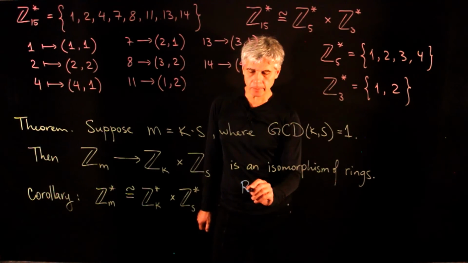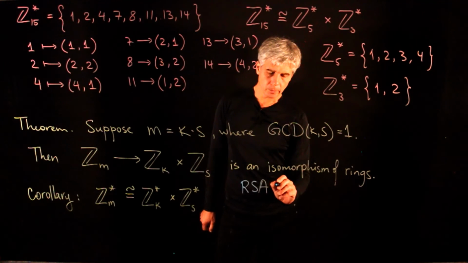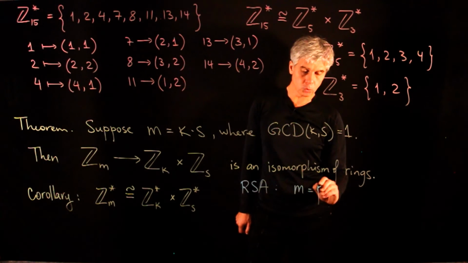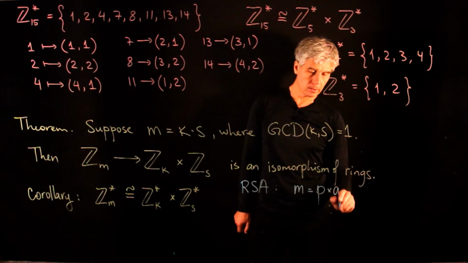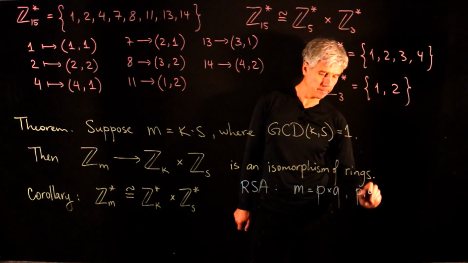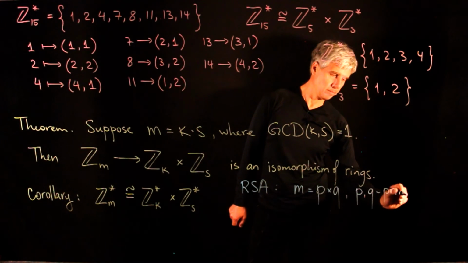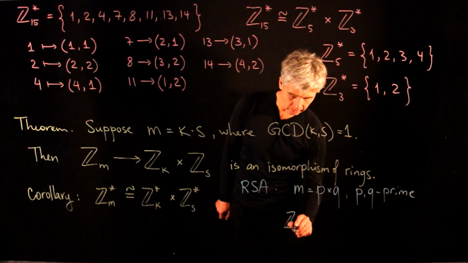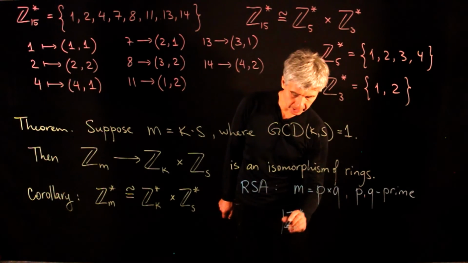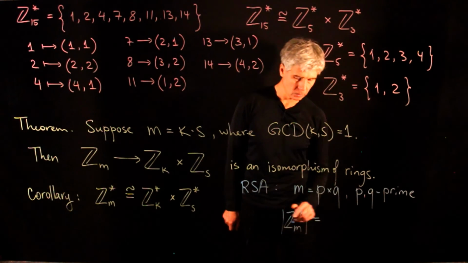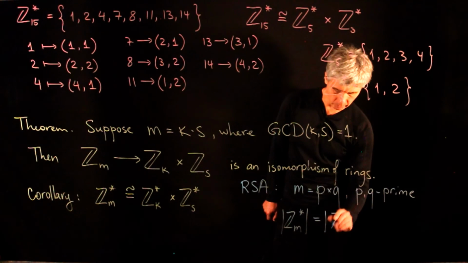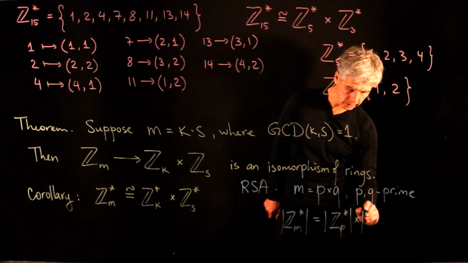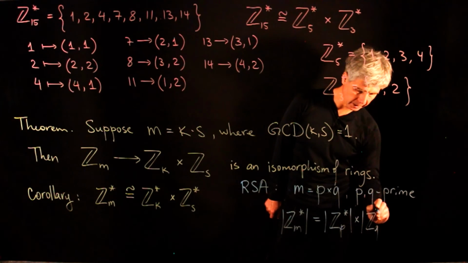For the RSA cryptosystem, we will be interested in the following case, when M is the product of two large prime numbers, P and Q. In this case, we can write down the formula for the order of the multiplicative group Zm. By the Chinese remainder theorem, this is the order of Zp multiplicative times the order of Zq multiplicative.